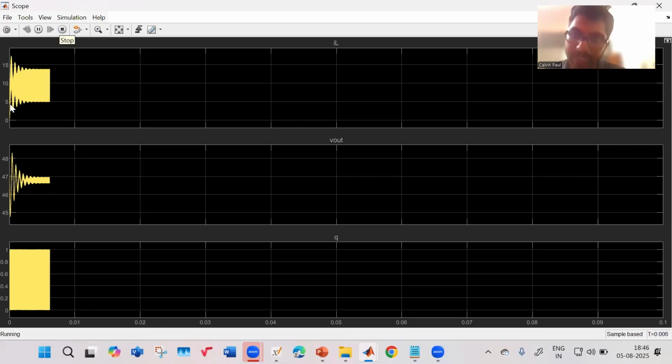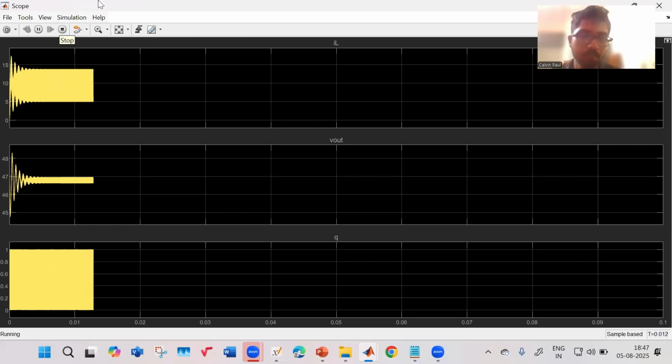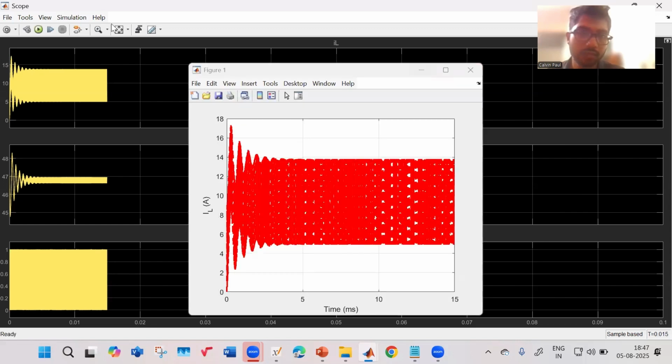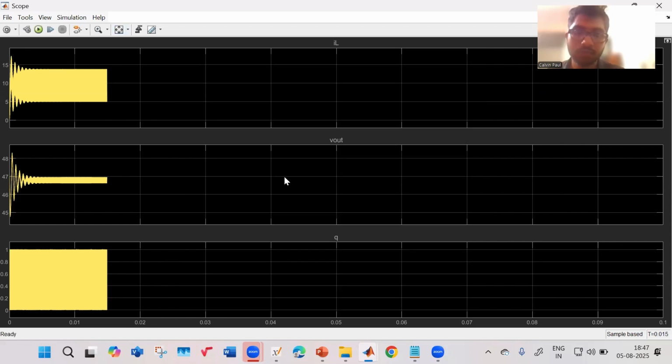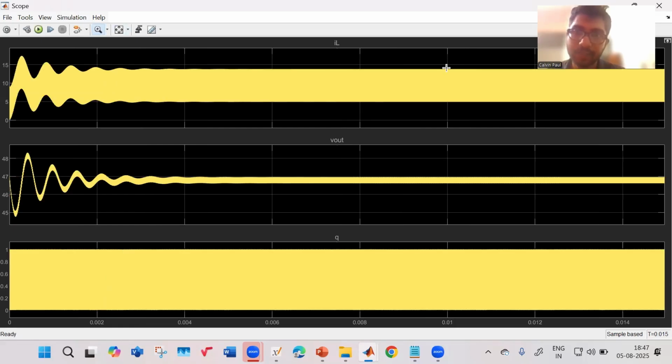Okay, this is my inductor current, this is my output voltage, and this is my gate signal Q. So let me stop it. Let me zoom in on steady state.